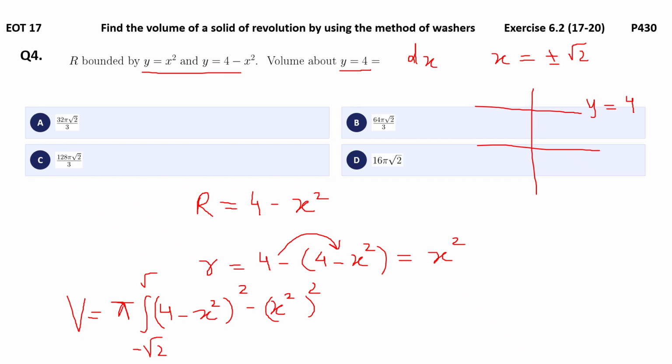To be honest, it is same the function what you received. So there is no change in the answer here. You will be getting same as the previous question, which is 64 root 2 pi over 3. That is option B.